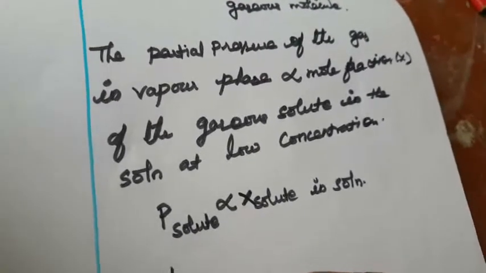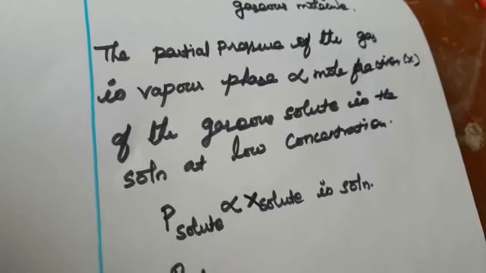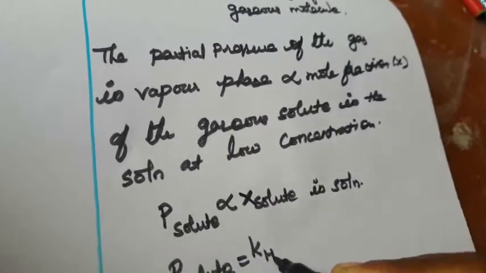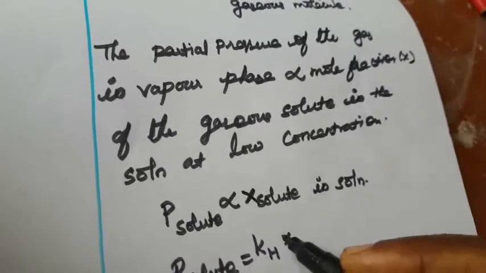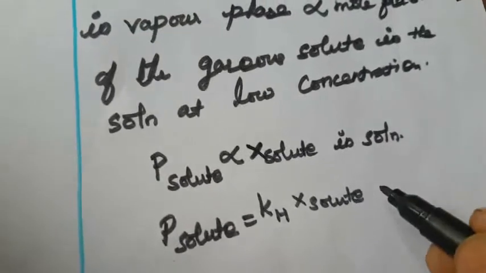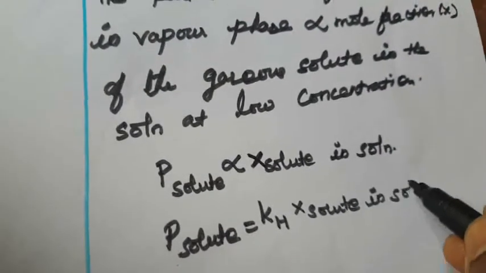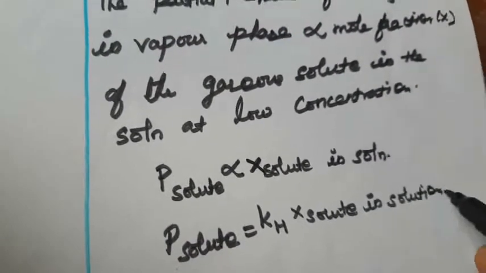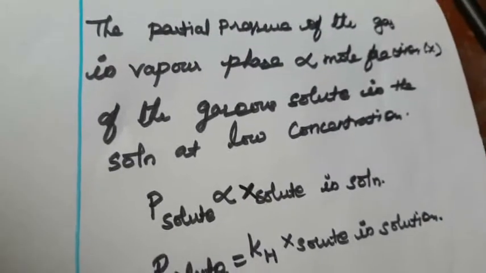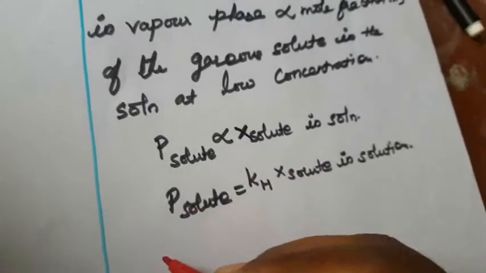Now we are introducing the constant, Henry's constant. P solute is equal to KH times X solute. KH is the Henry constant. So here, what is P solute? That is the partial pressure of the gas in vapor phase.